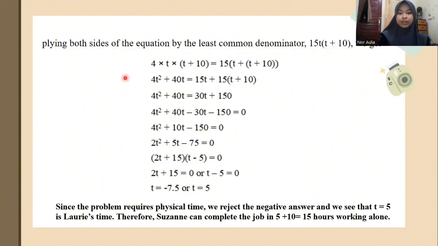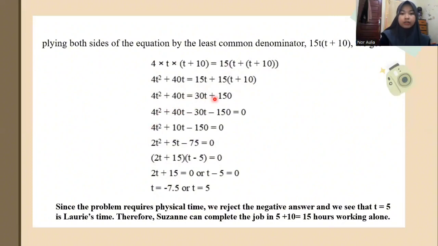We get: 4 times t times t plus 10 is 4t squared plus 40t. 15 times t plus 10 is 15t plus 15 times t plus 10, so 4t squared plus 40t equals 30t plus 150, since 15t plus 15t is 30t, and 15 times 10 is 150.